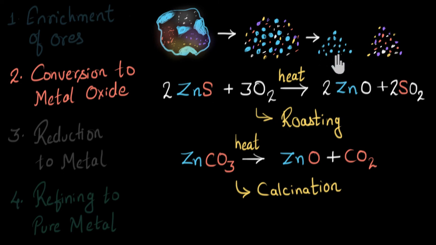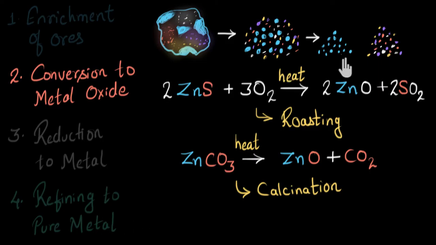You would not get a compound of gold because it does not form any compound. You will get gold in its free state. And for that, you do not need to convert it to metal oxide and then later reduce it to get the metal. You already have the metal with you, right? So you can directly take the inert metal that you get here to the refining step, okay?